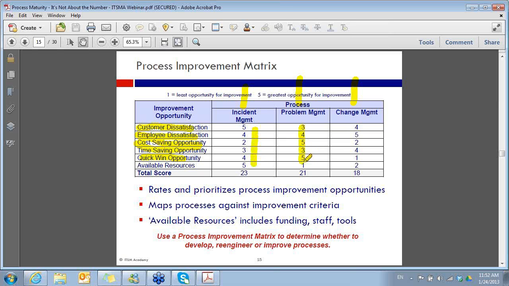And determine and do a little evaluation of what processes will best help us, will give us the greatest opportunity to improve in this particular area, and score it out. And anybody who's ever been looking for a logical way to come up with your roadmap, where should we start first? What process should we do first? Where should we allocate our resources? This process improvement matrix is a nifty little tool that will help you do that.